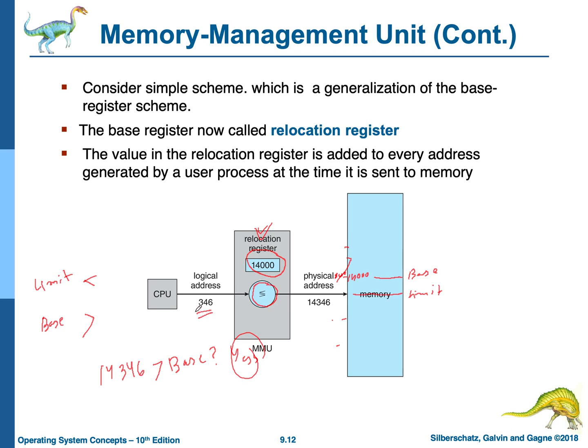When we add this, 14,346 is less than the limit. Yes, only if these two conditions are true can this mapping be done.